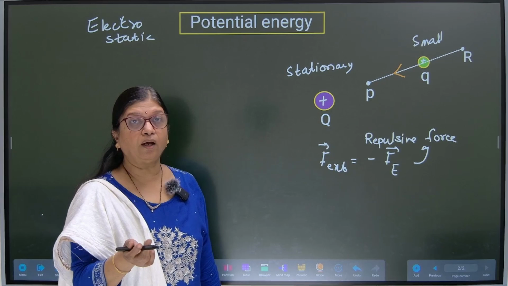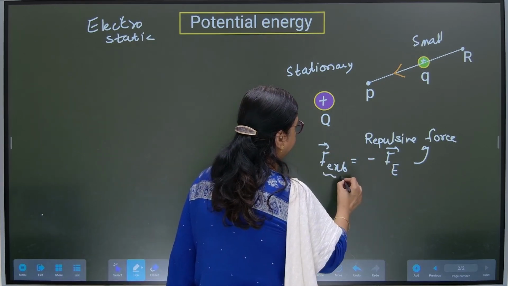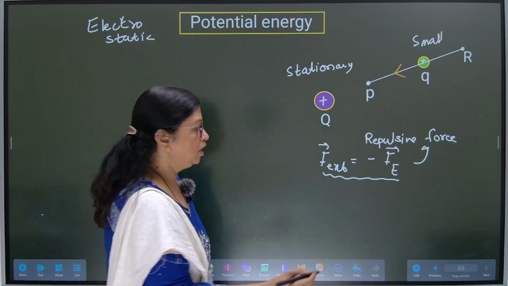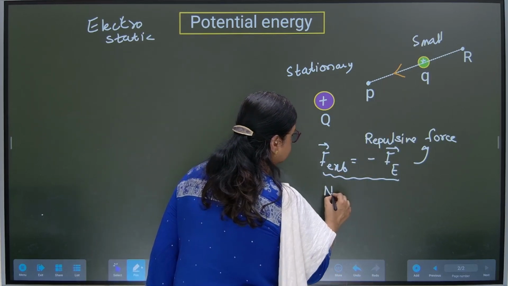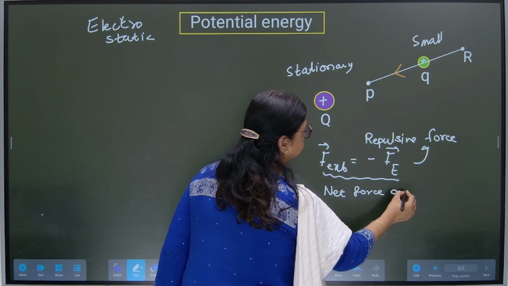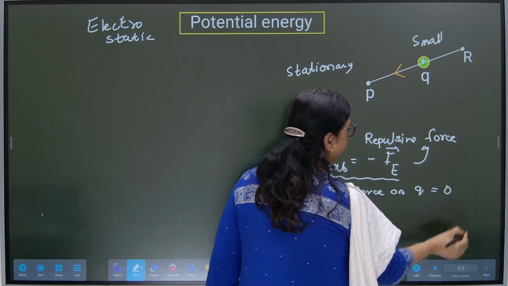Okay, so now what is the net force on this charge? 0. So net force on q, how much? 0.